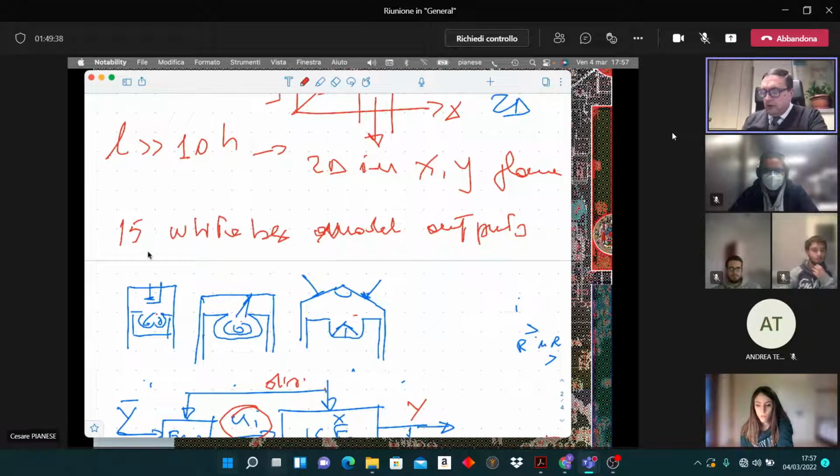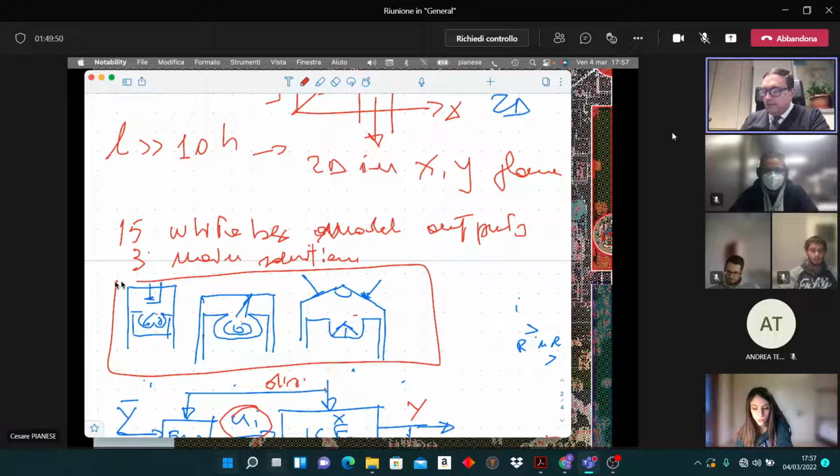And then we converge to 3 main solutions with best performances. And then we end up with 3 of these, and then we do experiments on these.